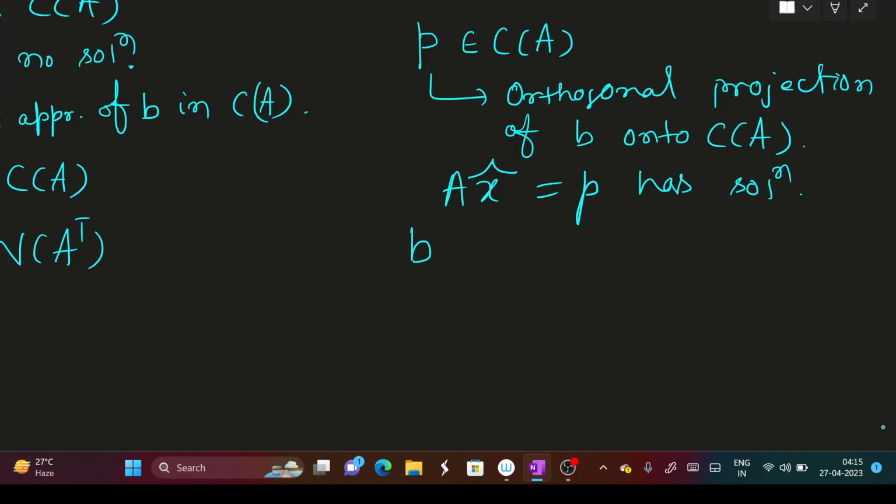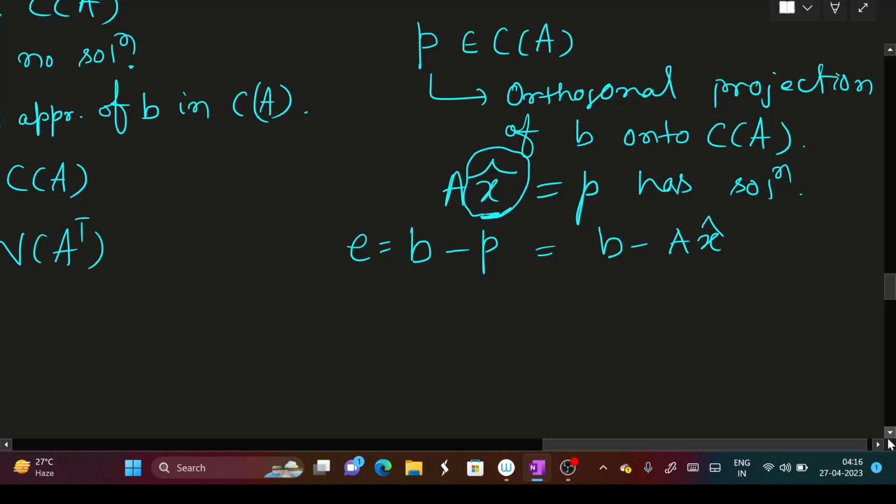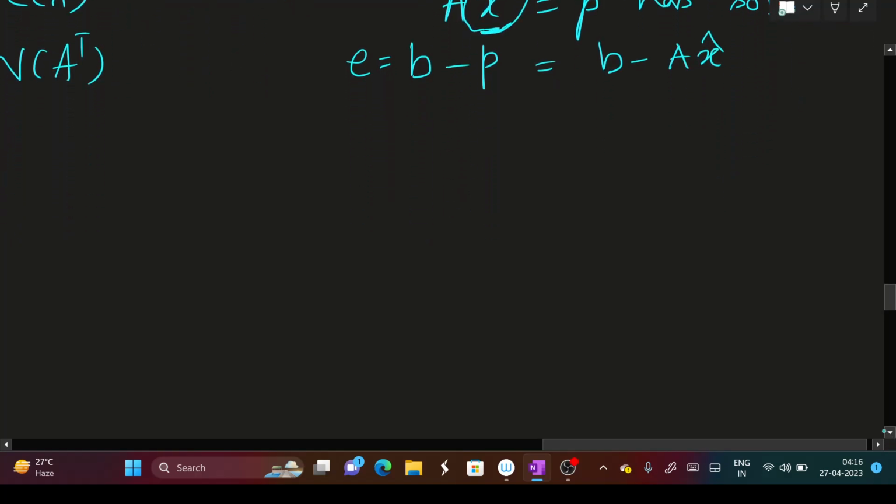B is original vector. What is my error? Error is equal to B minus P. That is B minus, what is my P? A X cap. So here X cap is the solution vector. So it is a vector. In the previous article, X cap was a scalar. Now onwards, this X cap is a vector quantity. It is an approximation to the solution vector. So it is best fit solution to the system of equation.